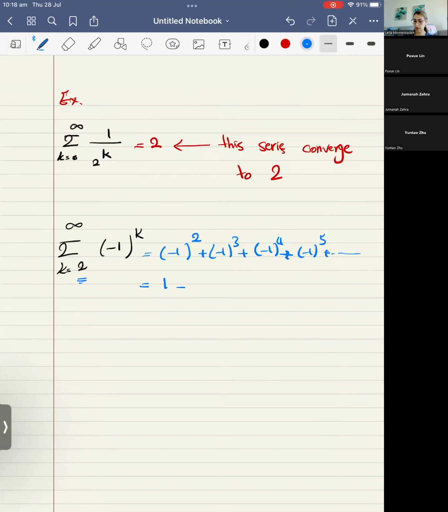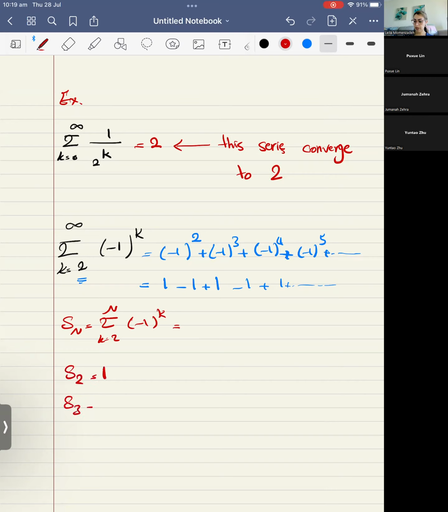That is equal to 1 minus 1 plus 1 minus 1 plus 1. Okay, what do you think? Does this series converge or not? I think it does not converge. Yes, it does not converge. If I write the partial sums Sn as the summation of minus 1 to the power k: S2 is 1.